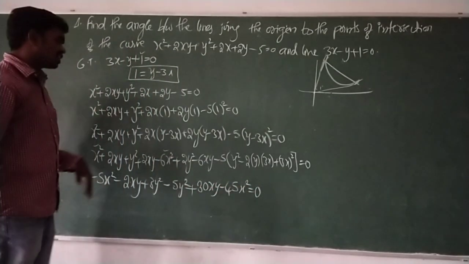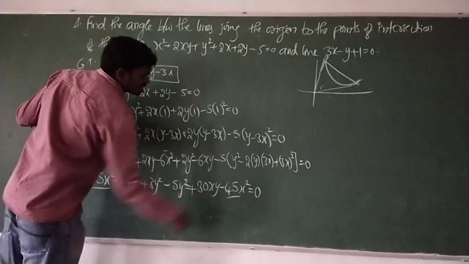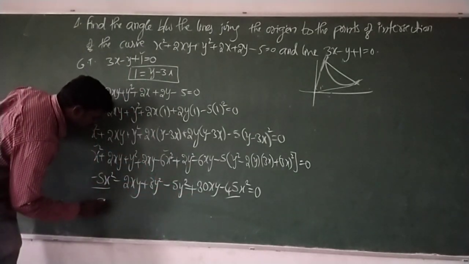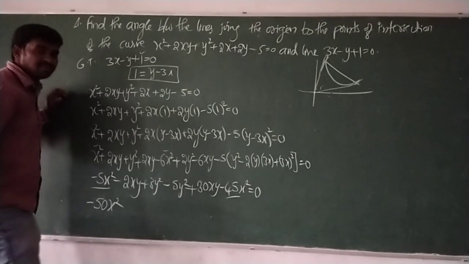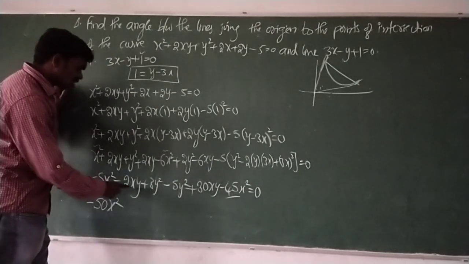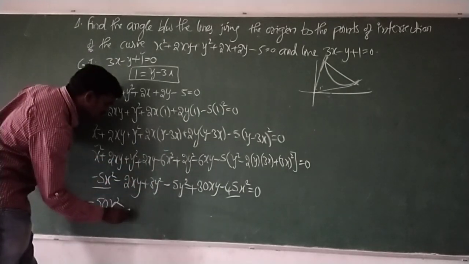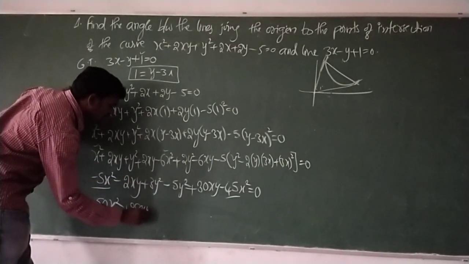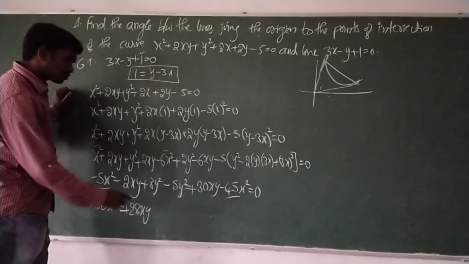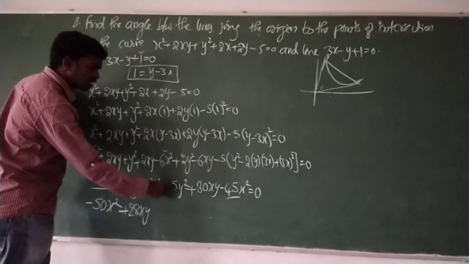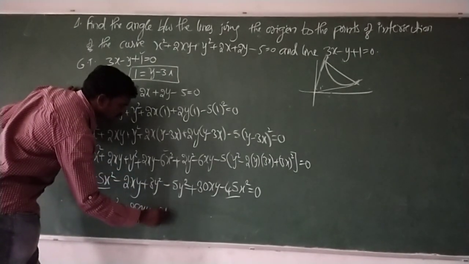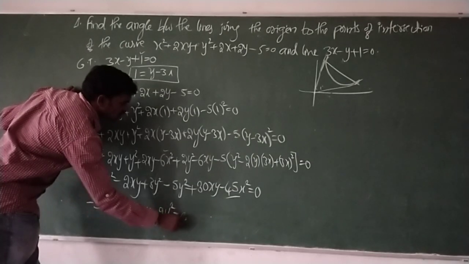So now again check it. x square comes here minus 5, here minus 45, so totally we are getting minus 50x square. Then xy comes here minus 2xy, here plus 30xy, so 30 minus 2 becomes 28, so plus 28xy. Next y square comes here plus 3y square, here minus 5y square, so becomes minus 2y square is equal to 0.